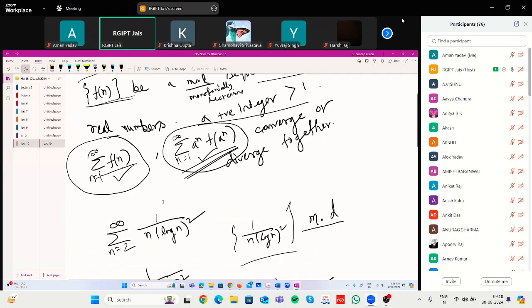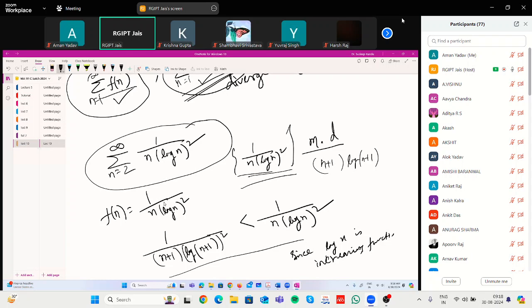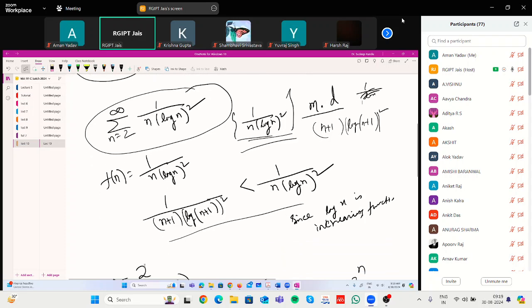So first we have to check convergence of this series. Here fn is 1 by n log n square. We know this will hold because log x is a monotonically increasing function.